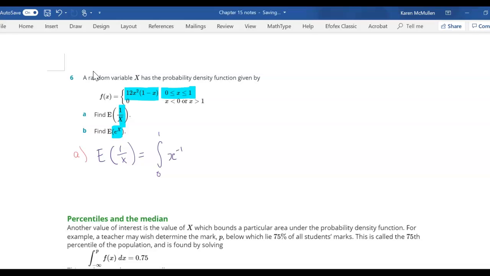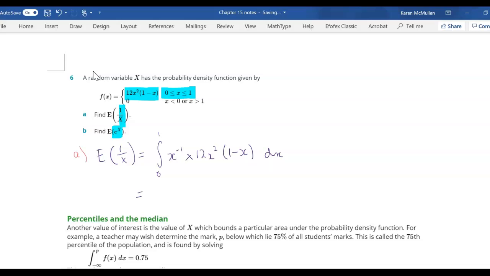Notice when I'm writing the function, I don't use uppercase x, I'm just using lowercase x. I've had a few students ask me why they use big X. Capital X just represents the random variable. So x to the negative 1 is our function, and then we multiply that by f of x, which is 12x squared (1 minus x). Don't forget your dx on the end.